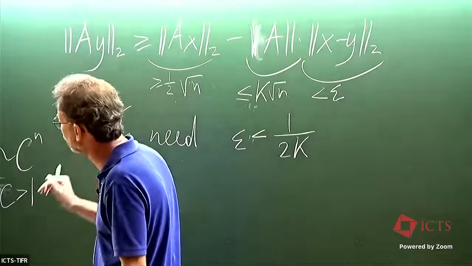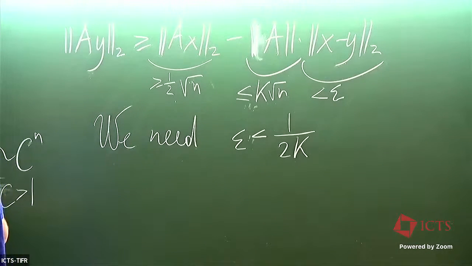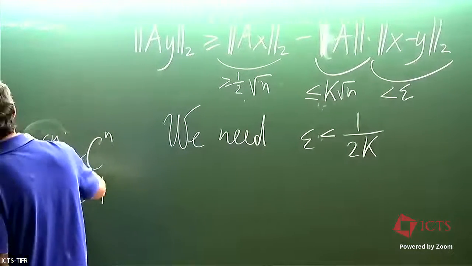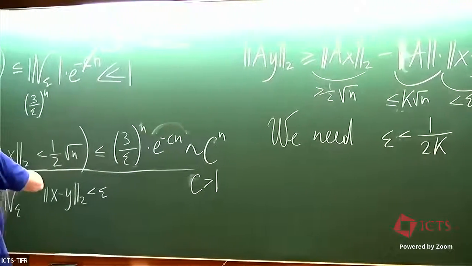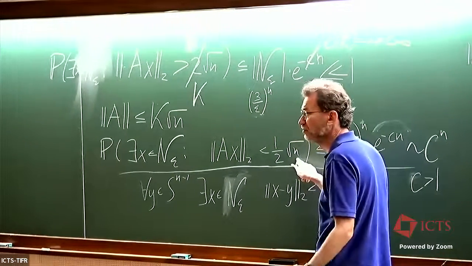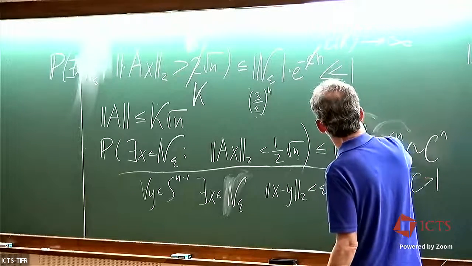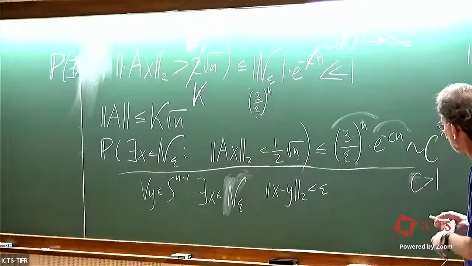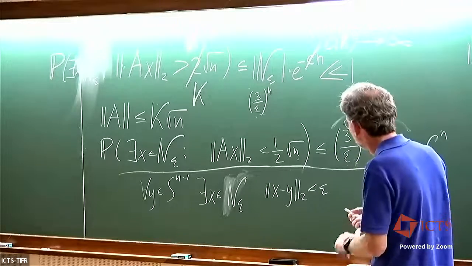So the conclusion is that if we are able either to improve this term, which is the probability that the norm of a fixed vector is less than 1/2 square root of n, or to improve this term, which is the size of the net, we can fix it. Let's see if this is at all possible.